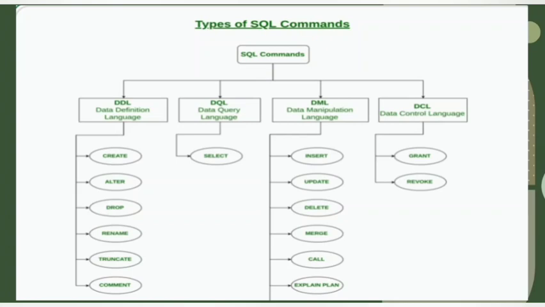Under the DQL, you can see the command called select. Under DML, you have insert, update, delete, merge, call and explain plan. And under the DCL you have grant and revoke. Make a note of it, guys, so that it will be useful for you.